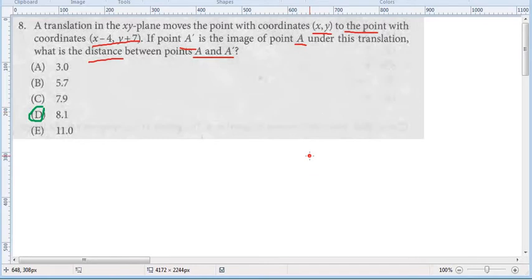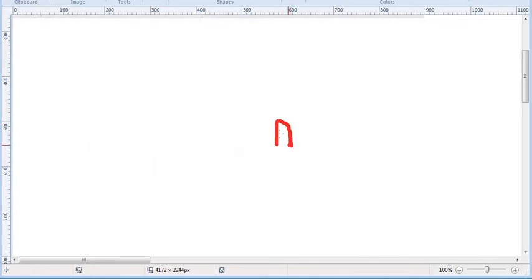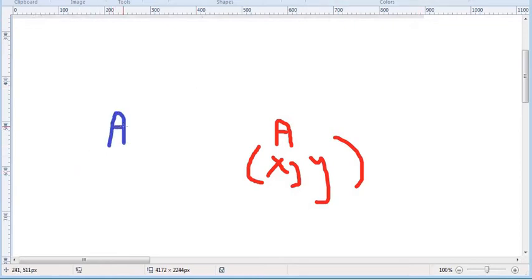So, according to the question, point A, and let me draw this in red, had the coordinates of x, y, and point A dash, I'll do it in blue, had the coordinates of x minus 4, y plus 7.